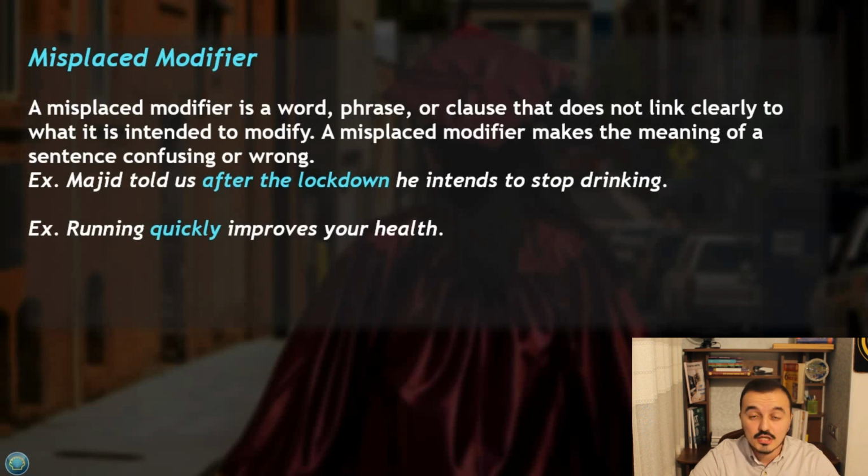Running quickly improves your health. Same thing. Is it about quickly running improves your health, or running improves your health quickly? So it's not clear, it's ambiguous.